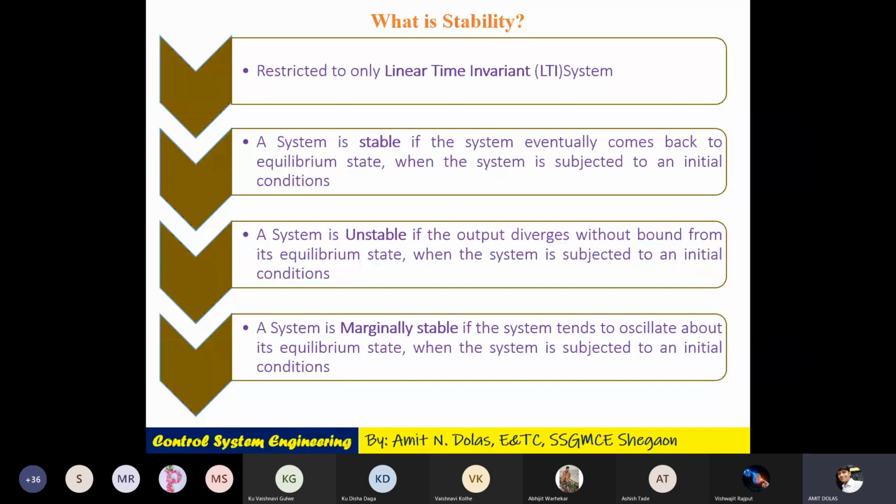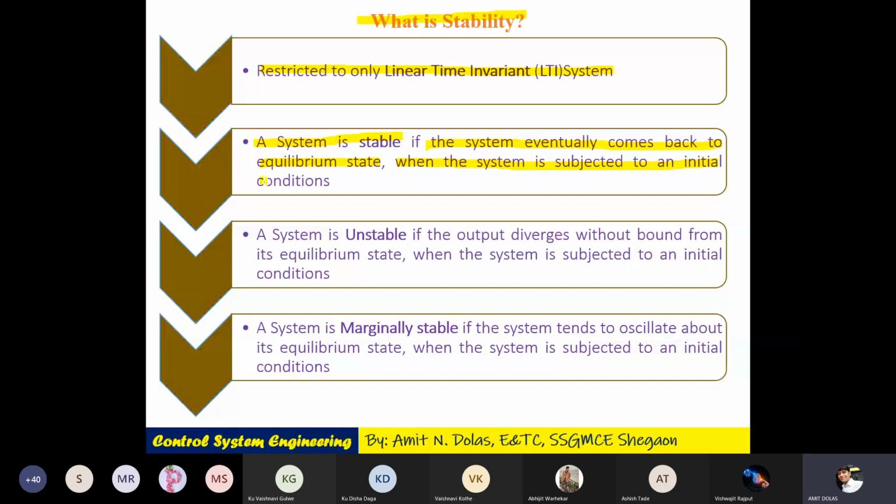Here, why is the stability required? It is restricted to linear time invariant systems only. A system is stable if the system eventually comes back to its equilibrium state, whatever its equilibrium state is, if it comes back there, then it is stable, when the system is subjected to initial conditions.